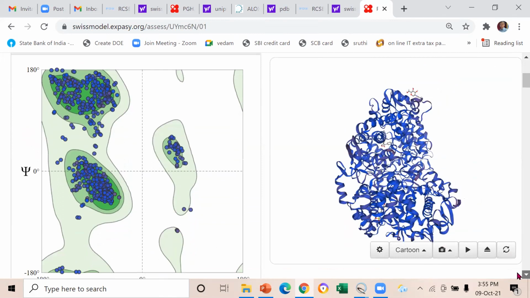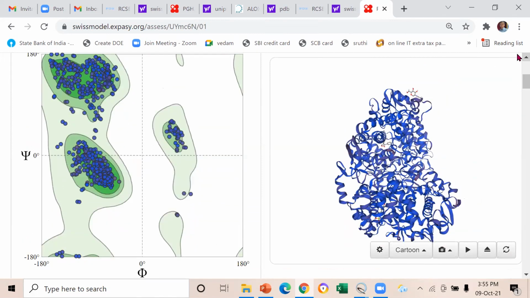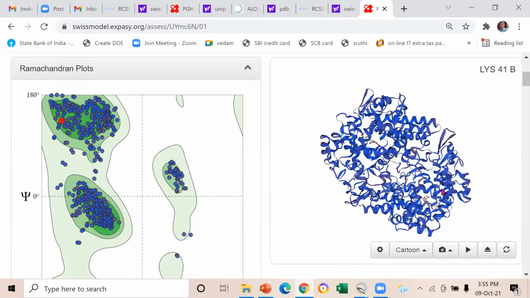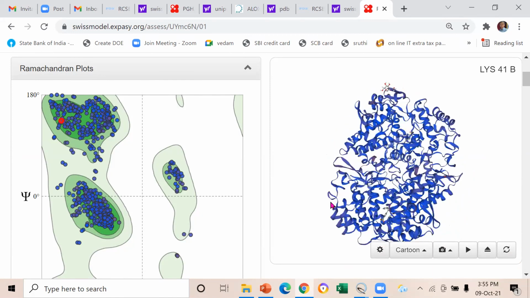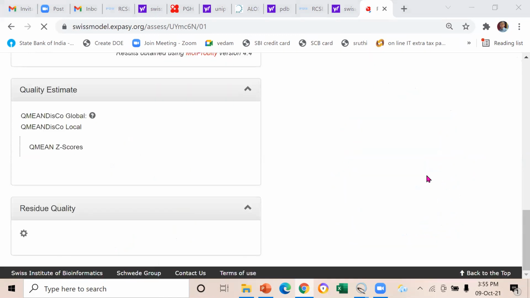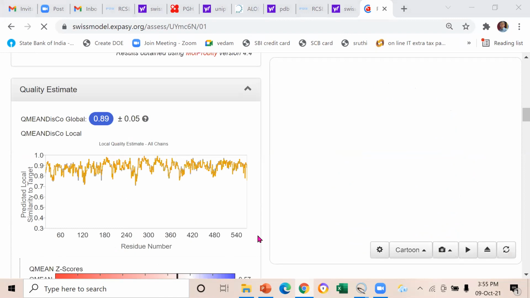Have you heard of Ramachandran Plot? Anybody? Yeah, good. One person has heard of Ramachandran Plot.